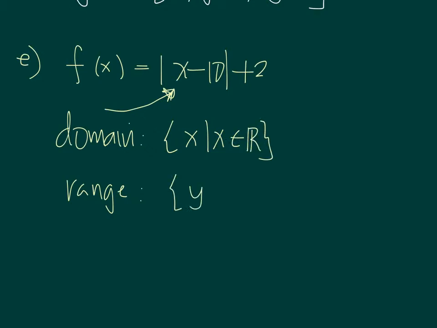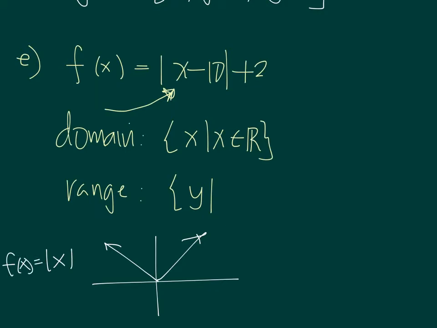What about the y? Okay, you can get the range by looking at the graph. The absolute value is always a v-shaped graph. So if we consider f of x equals the absolute value of x, a v-shaped graph located at 0, 0 as the lowest point.